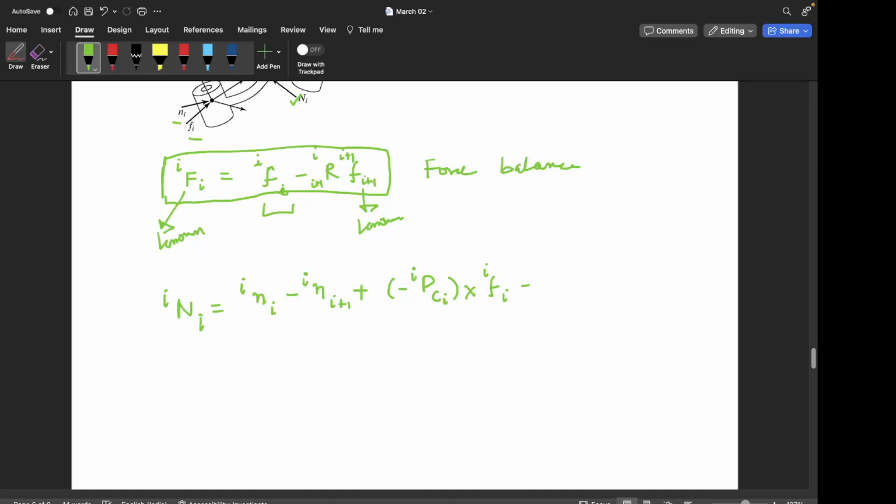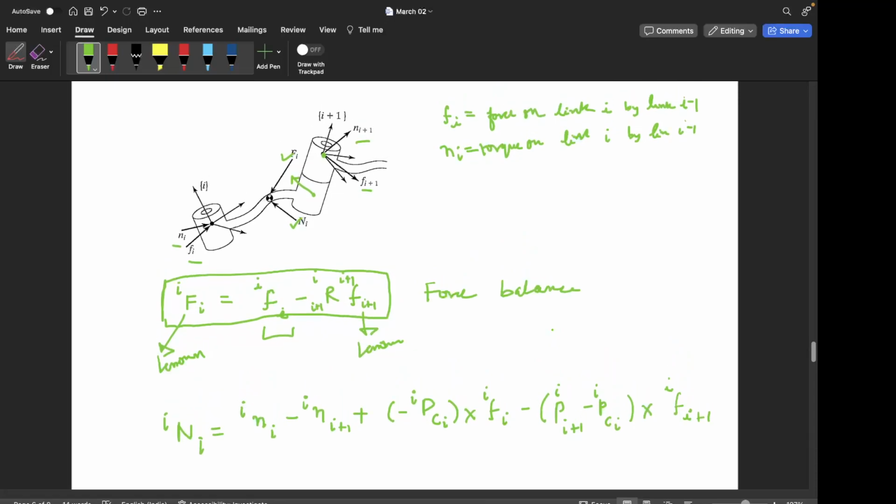And this is on the other side. So basically, four things are acting: there is Fi, Ni, and there is Fi plus 1, Ni plus 1.